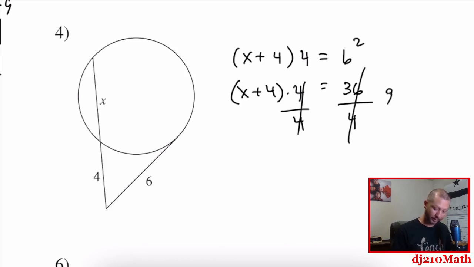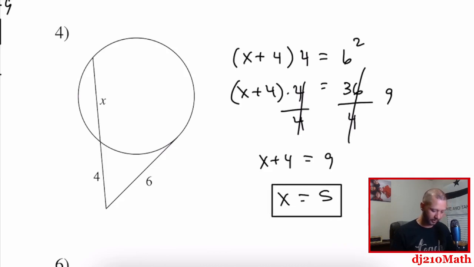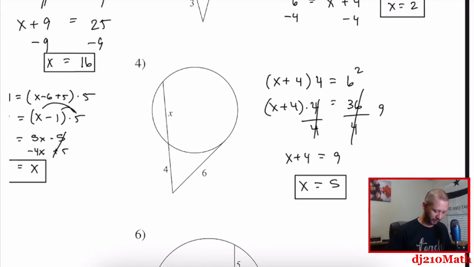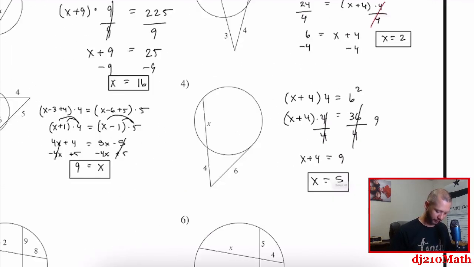Right-hand side, this is going to be 9. So x plus 4 is equal to 9. What plus 4 equals 9? x is equal to 5. It's going quick because it's basic multiplication, but feel free to pause the video and convince yourself of the work.